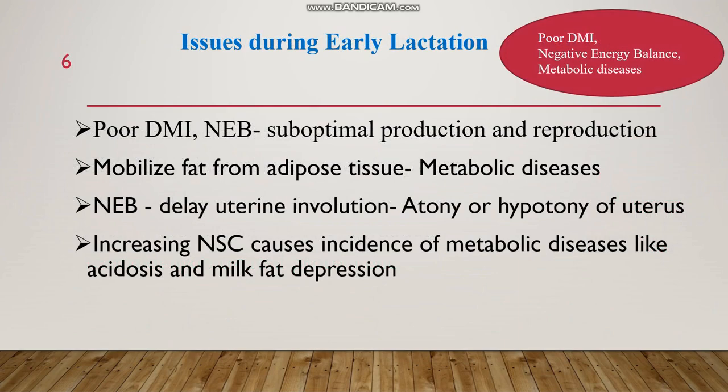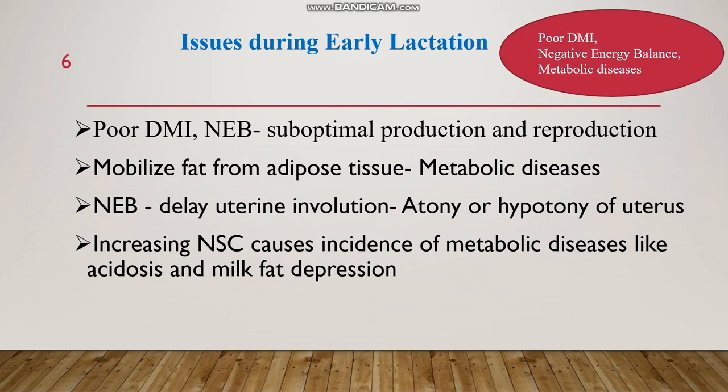The issues during the early lactation of dairy animals. Dairy animals have poor dry matter intake during early lactation and they are in negative energy balance, resulting in suboptimal production and reproduction. They mobilize fat from adipose tissue, resulting in metabolic diseases.